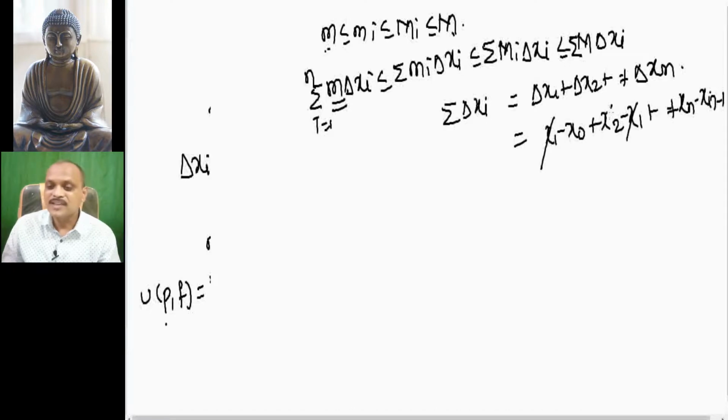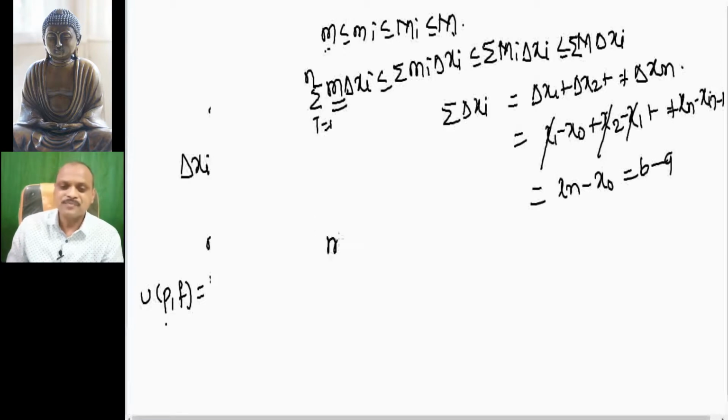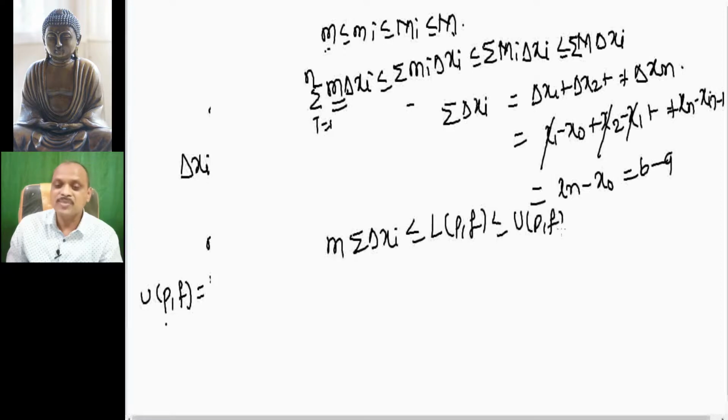Here you can see that x1 cancels, x2 cancels, and we remain with xn minus x0. This is nothing but b minus a. And therefore this sum becomes m into the summation of delta xi. This is nothing but the lower sum, and this is nothing but the upper sum, less than or equal to capital M into b minus a.